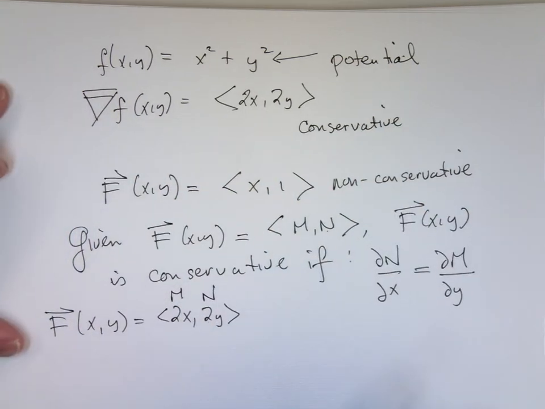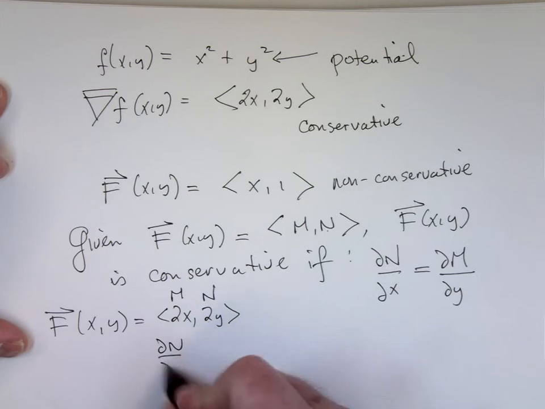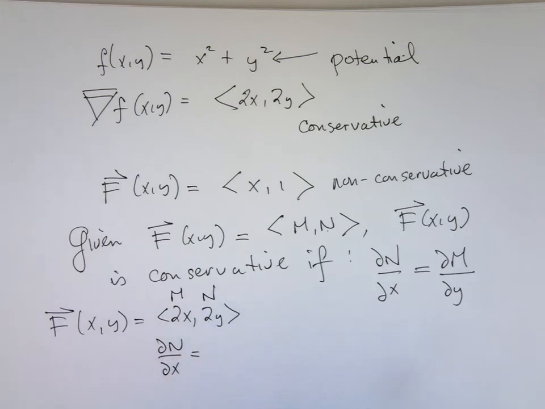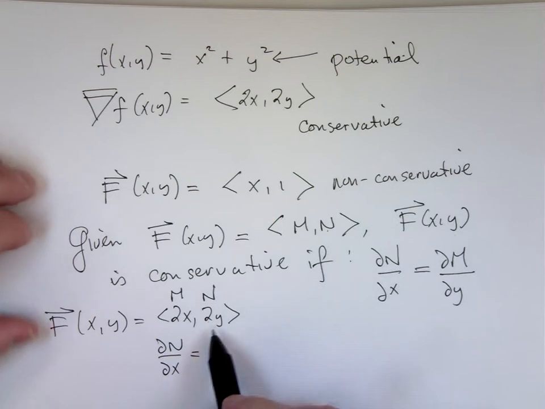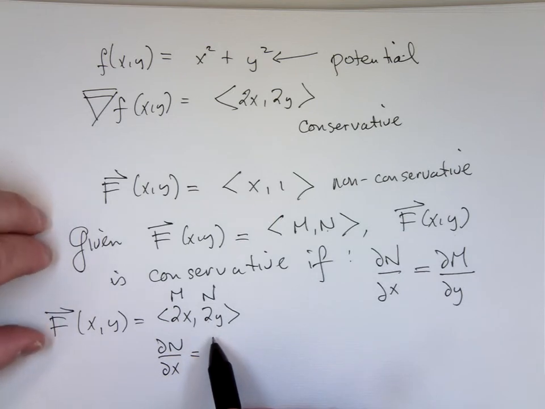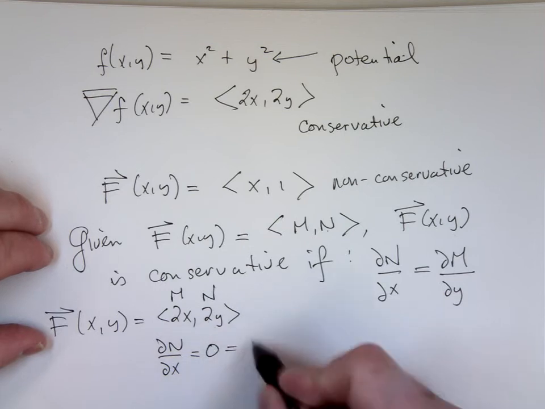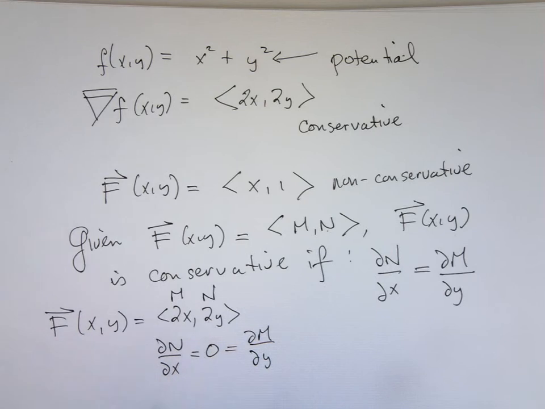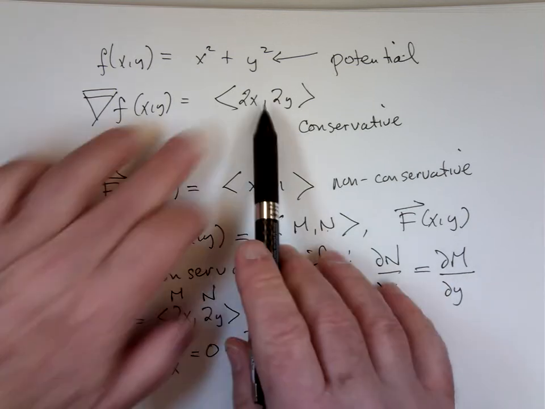The partial of n with respect to x is, what's the partial of n with respect to x? It is 0. And the partial of m with respect to y is also 0. That means this is a conservative vector field. That means it has a potential function. In other words, this is the gradient for some function.